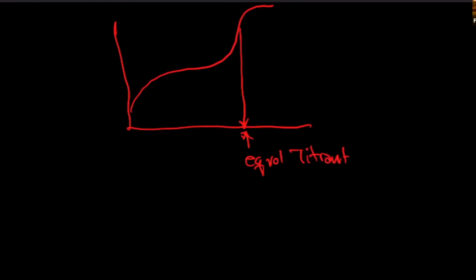Now remember, the pH at the equivalent volume does not equal the pKa. I need to say that over and over again, because as much as I say it, some of you are going to say, oh yeah, my pKa is equal to this, and then you're going to be comparing the wrong pKa.